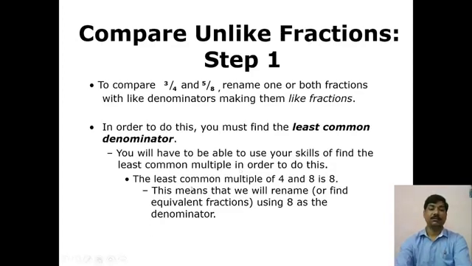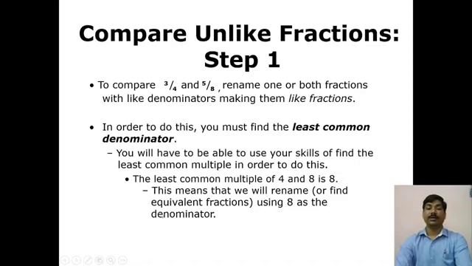The least common multiple of 4 and 8 is 8. As you are seeing here, there are two numbers, 4 and 8, so we find the LCM of 4 and 8, which is 8.